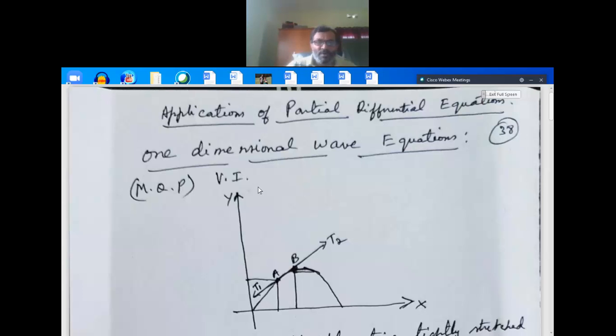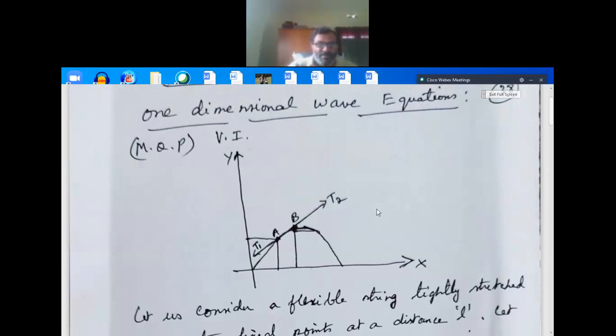Now here, see the one-dimensional wave equation, the application of partial differential equations. First you can see the diagram here. It's a wave. Wave means it is periodic, and then a tangent is drawn. It's a rough diagram.